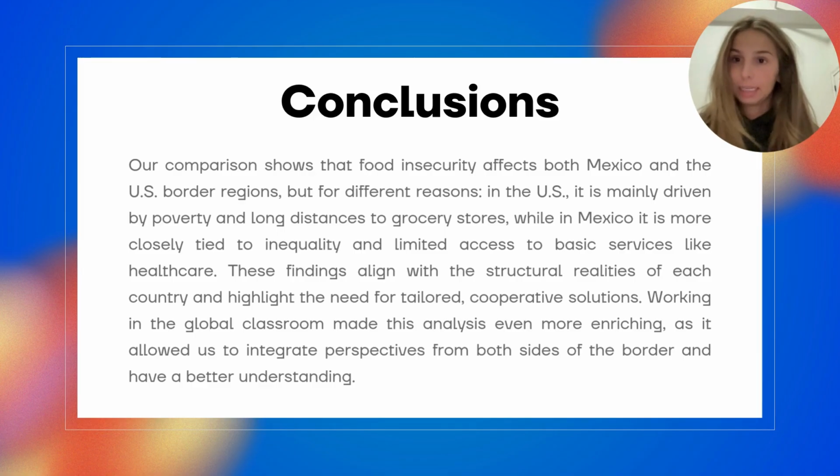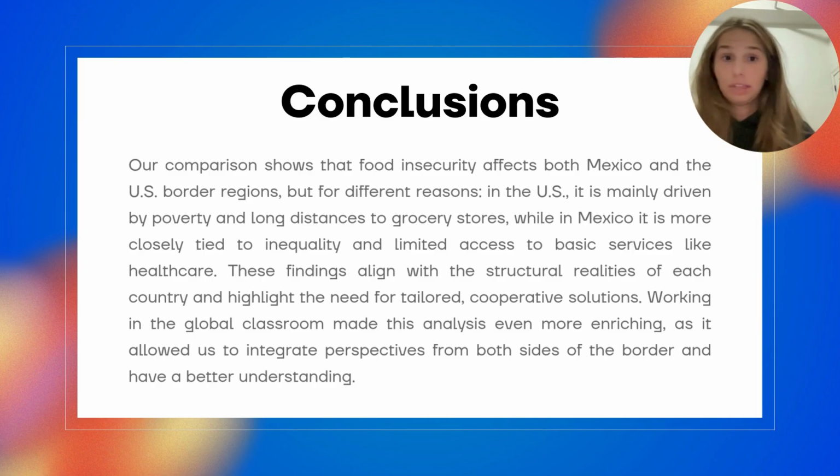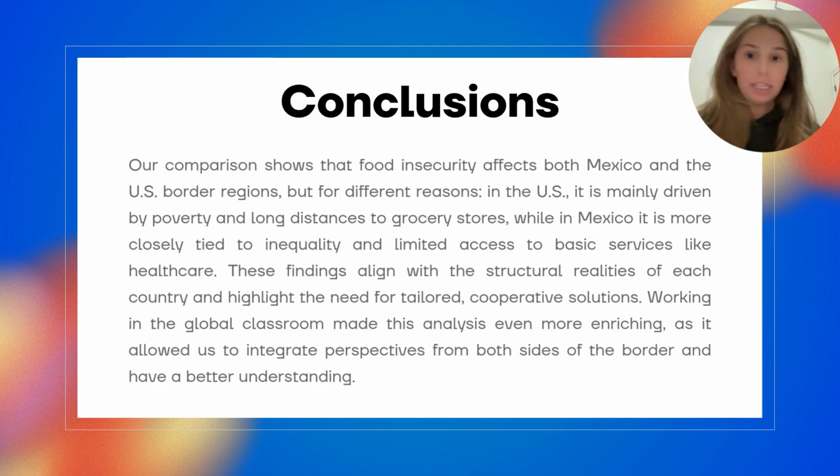In contrast, in Mexico, food insecurity is more closely linked to broader inequality and limited access to basic services such as healthcare. What stood out to us is how these patterns reflect each country's structural realities, and it reinforces that solutions can't be one size fits all for border states in both countries. They have to be tailored to local conditions and created through cooperation between different regions.